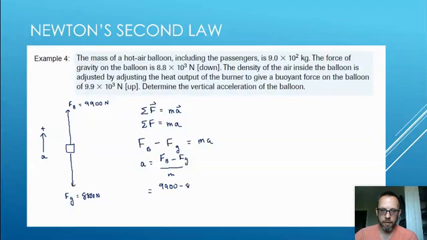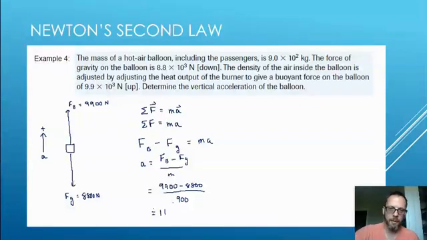So we have 9,900 minus 8,800, all divided by the mass, which is 900 kilograms. And let's just do that. So we get, I think that's 1,100 on top. Yep, divided by 9.8. So we get about 112. Definitely not 112.